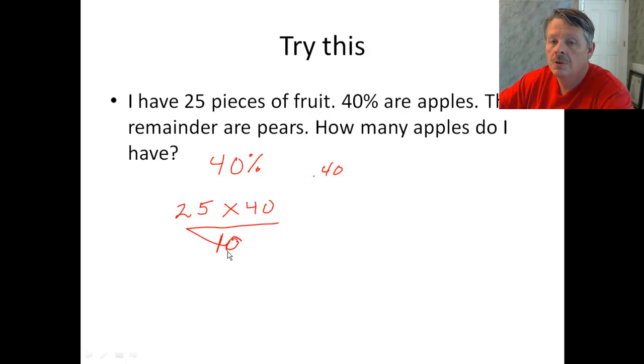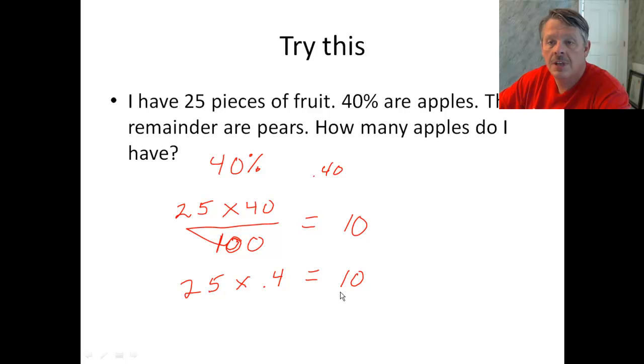All right, and that gives me an answer. Now that's kind of hard to do in your head, but that would be, I believe, 10 pieces of fruit. Another way to do it is to take 25 and I simply multiply by 0.4. All right, and again I will come up with 10 pieces of fruit.